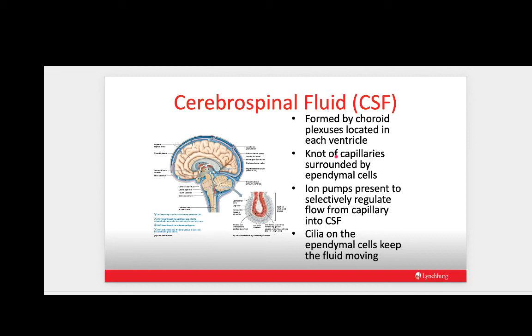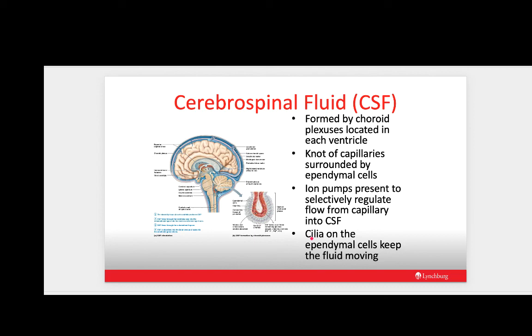It is interesting to note, we talked about this, choroid plexuses are located within each ventricle, therefore each ventricle plays a role in the production of cerebrospinal fluid. We have ion pumps that regulate what is able to flow from the capillary into the cerebrospinal fluid, and that's related to the tight junctions between the ependymal cells.